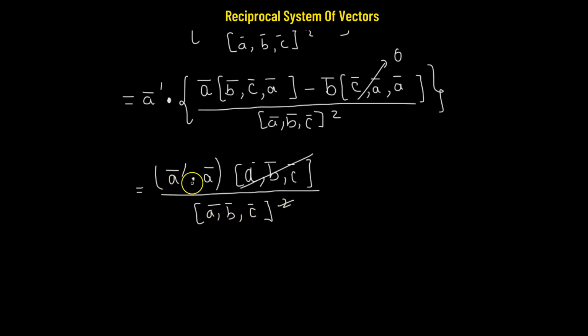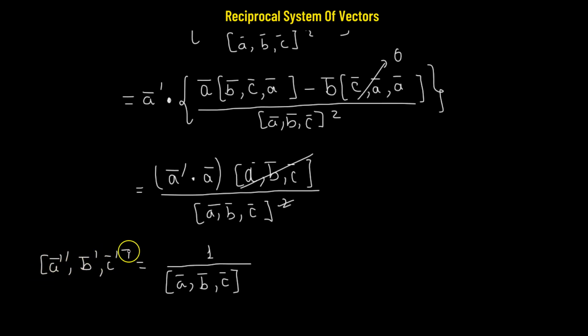And A prime dot A, we have already talked about it. This value is 1. So we are left with 1 divided by the scalar triple product of the vectors A, B and C. So we started out with the scalar triple product of the vectors A prime, B prime and C prime, and this equals the reciprocal of the scalar triple product of the vectors A, B and C.